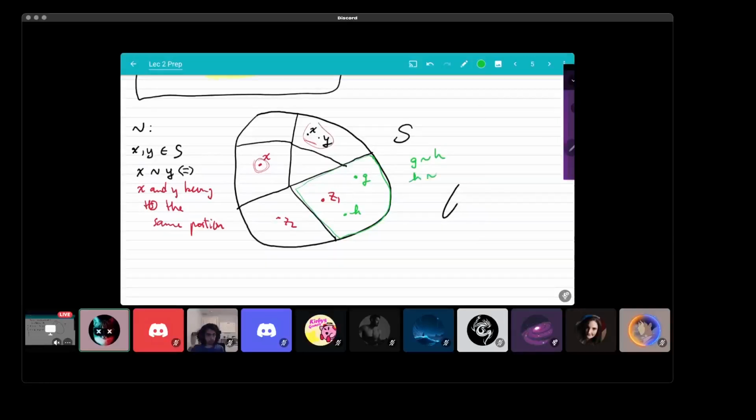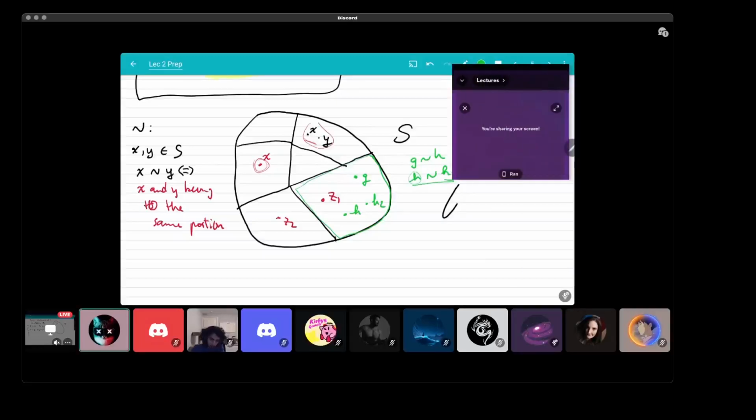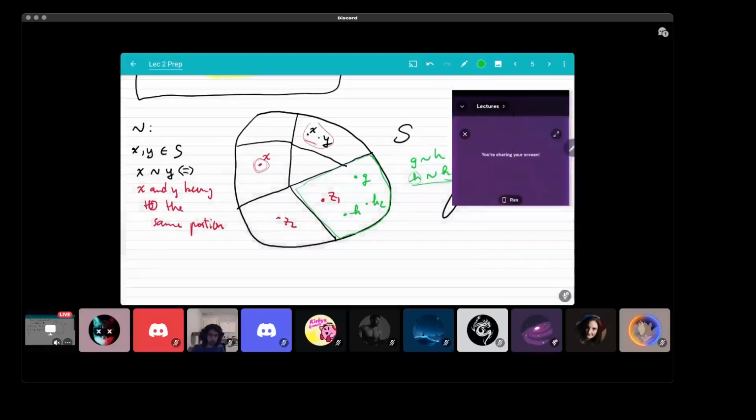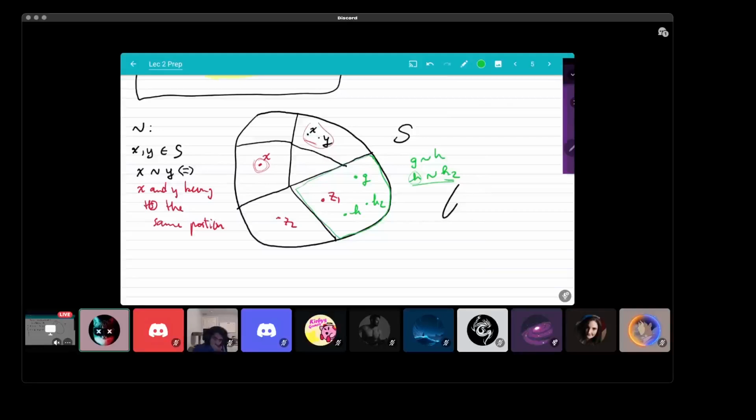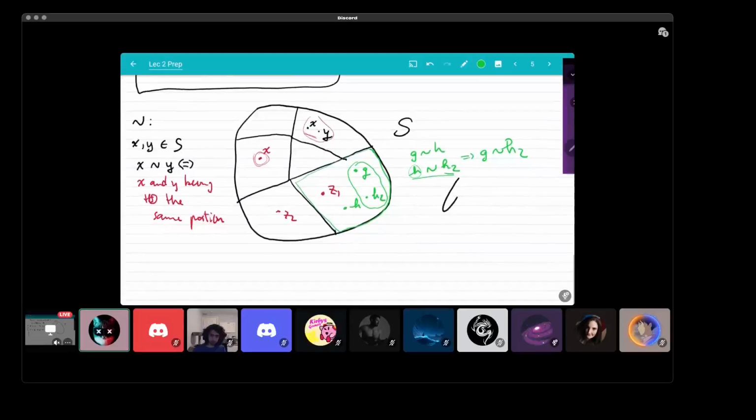If h is equivalent to another h2, it means h2 is also in the same portion as h, and so it is in the same portion as g, and so this does define an equivalence relation if we subdivide it as beforehand.